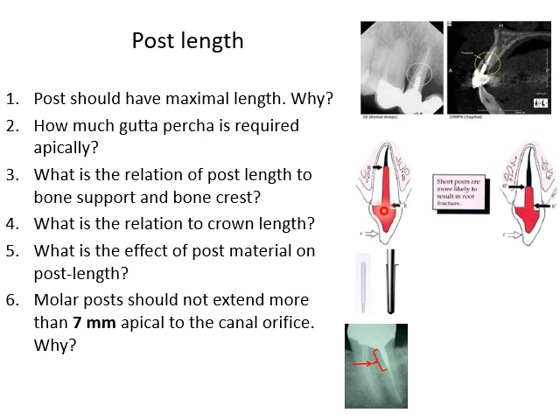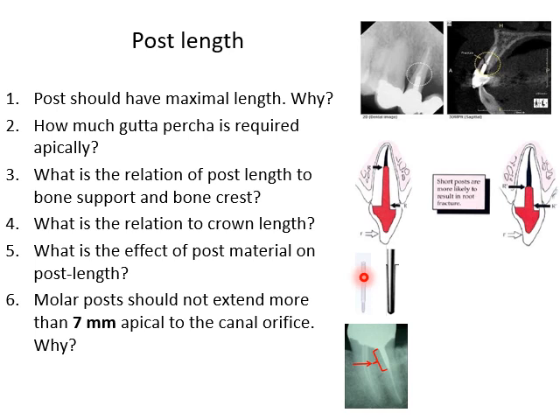خامسا, what is the effect of post material on post length? We have metallic posts which require non-adhesive cementation, and we have another type of post, fiber reinforced, for example, which requires adhesive cementation.